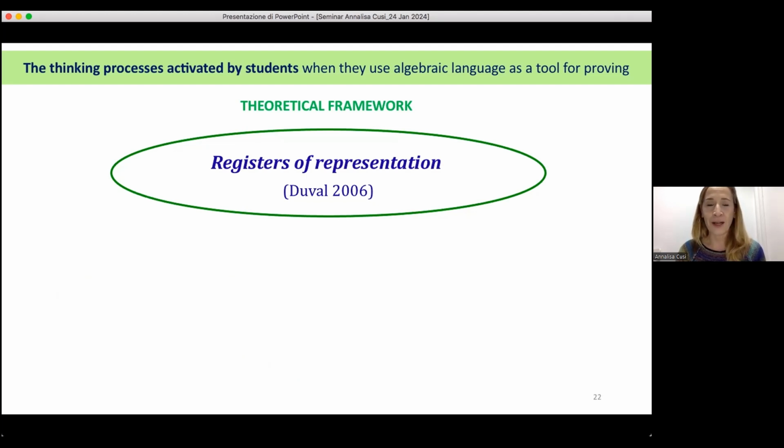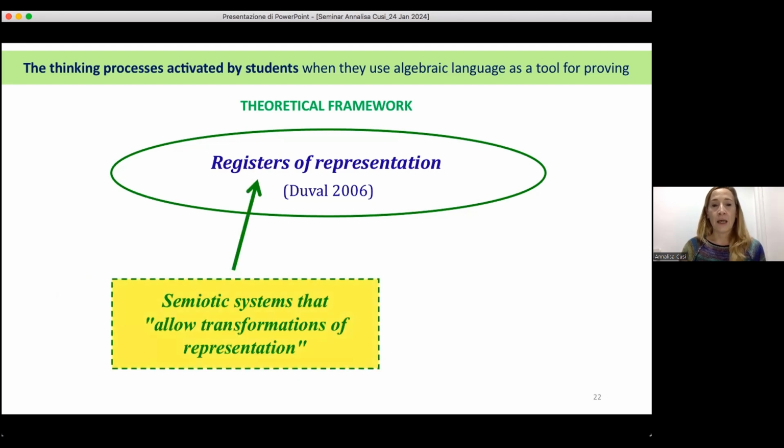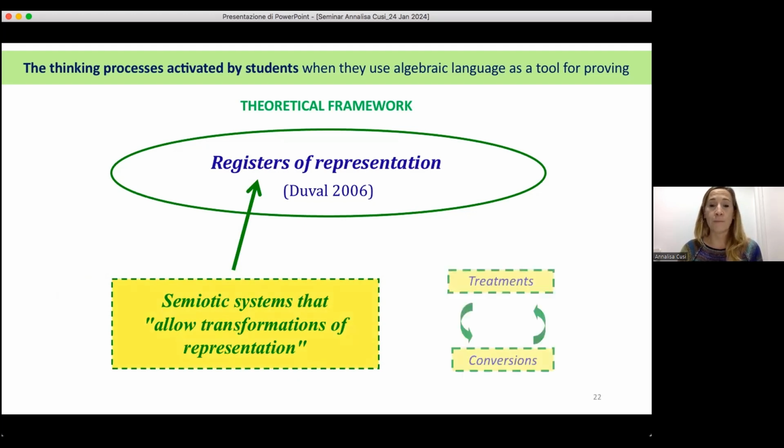Certainly it is a well-known construct. According to Duval, registers of representation are those semiotic systems that allow transformations of representation. In particular, he introduces two kinds of transformation: the treatments, which are transformations carried out within one register, for example when I solve an equation, and conversions, which are transformations carried out between different registers.